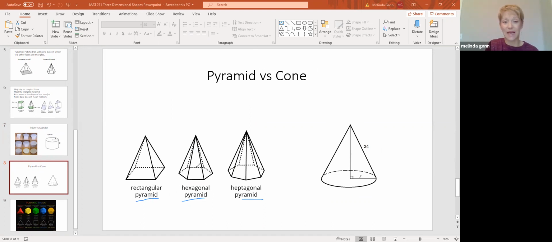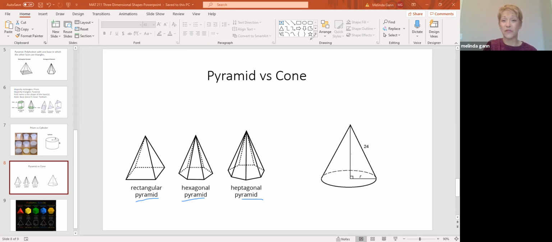This bottom's got 6 sides, so it's a hexagonal pyramid. If you count this, there are 7 sides, so remember, hept meant 7, heptagonal pyramid. But again, notice, the more sides you have on the base, the closer this pyramid starts looking to a cone. And again, when we do volume and surface area later, that's going to be important.